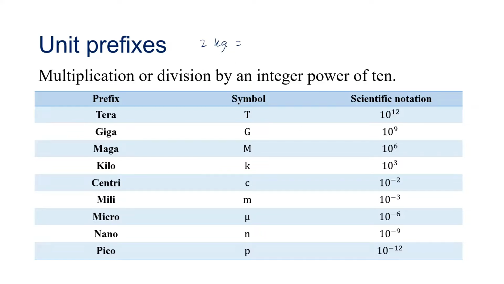This is a kilogram and we have 10 to the power of 3. So that means this is 2 multiplied by 10 to the power of 3 grams. This is just some definition. The notation is to ease our life, so you can read through. You will encounter this over and over again later in this lecture.